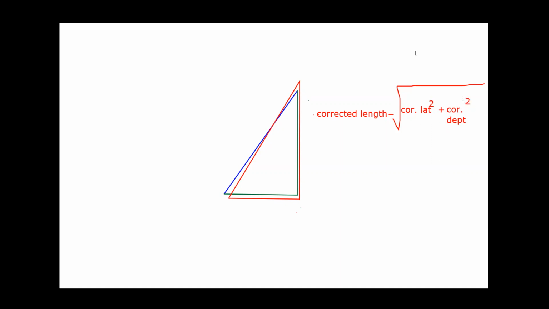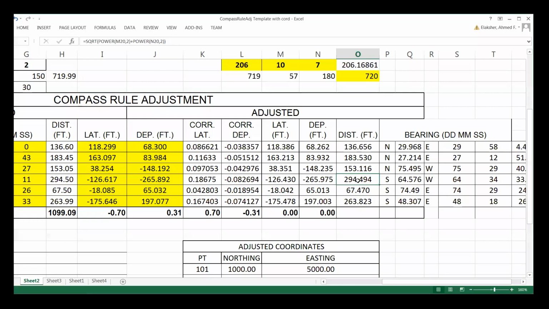So that's what we did here. That's the corrected distance, the adjusted distance here. This is the square root of the corrected latitude squared plus the corrected departure squared, and so on.